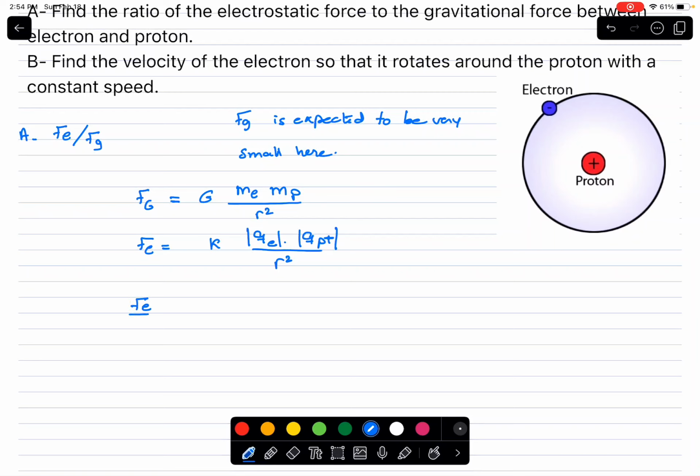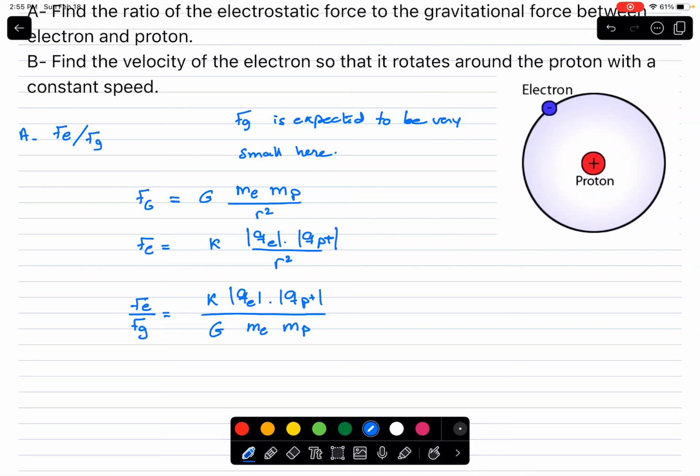So solving for the ratio, r squared and r squared actually cancel out from both formulas. I will have K, QE, Q of the proton, divided by G, mass of the electron, mass of the proton. And we can actually solve for this because everything here we know.